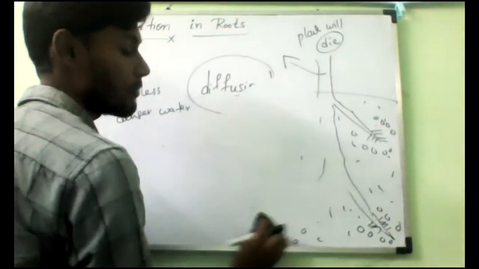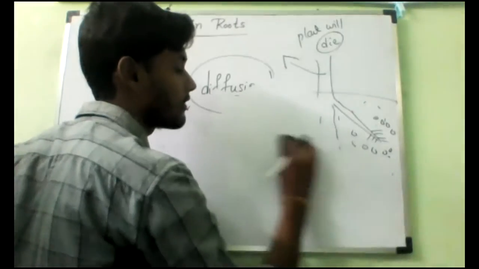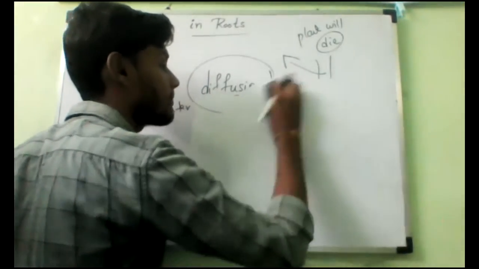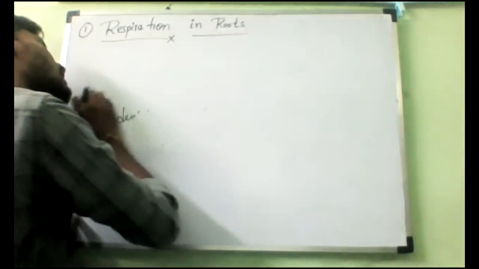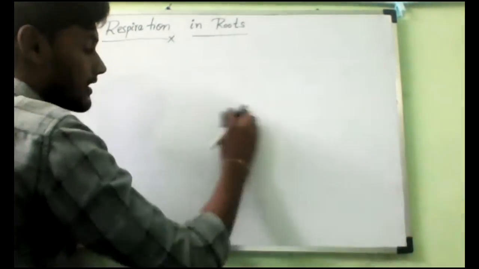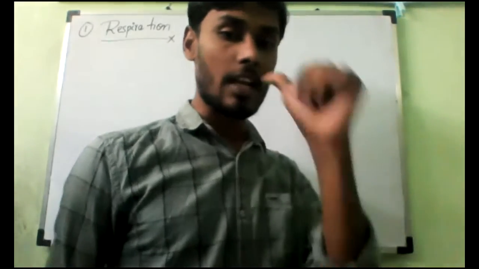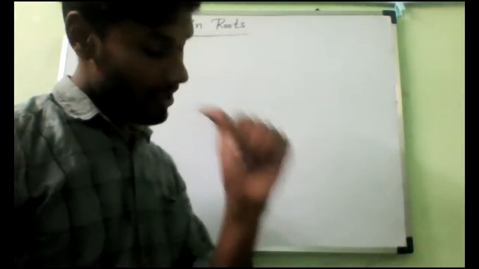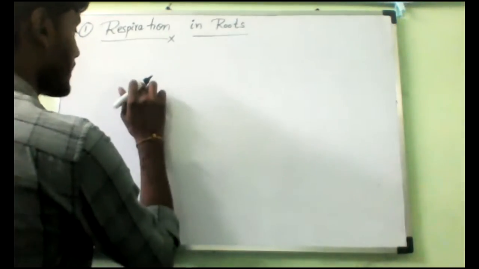So we get one product called... What is that product? Think about it, I have taught it in your notes already. Can you say that product? Ethanol. Ethanol is a what? The common name for ethanol, methanol and all is alcohol. Understand? So that is the reason.